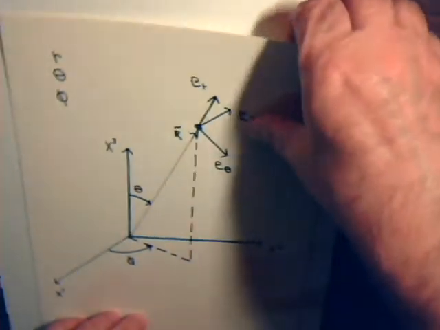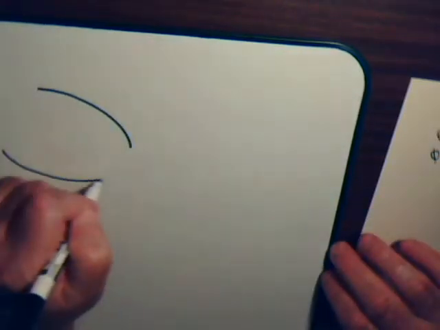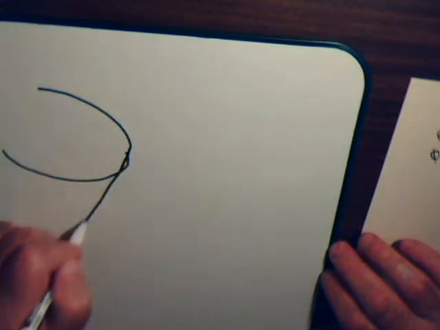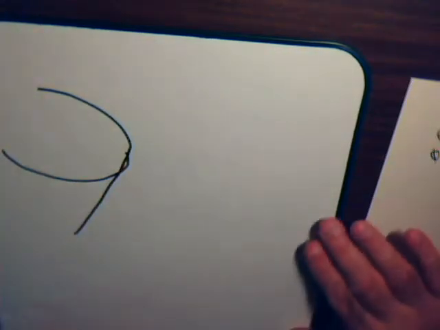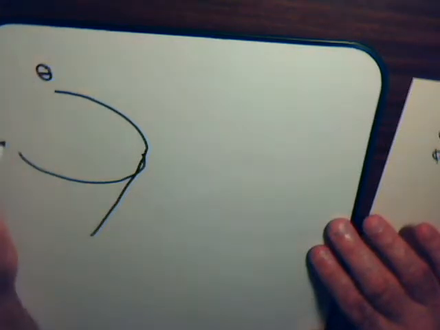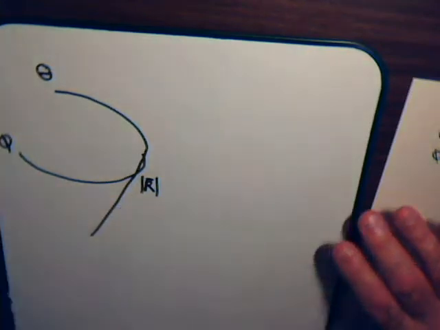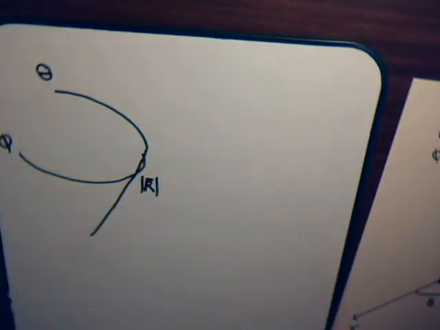So a general sketch would be something like this: theta, psi, and then the position vector r. That would just be a very generalized sketch for spherical coordinates.